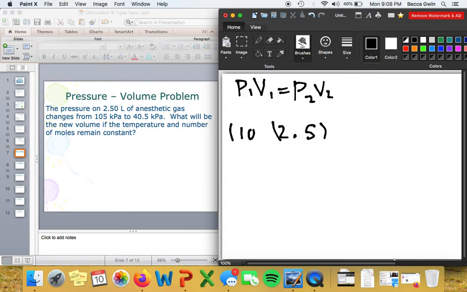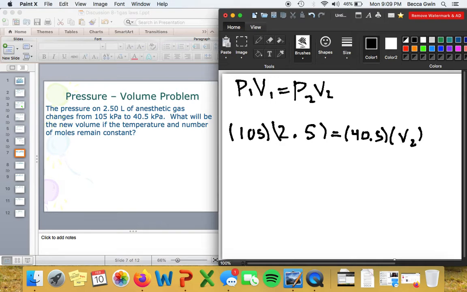We start at an initial pressure of 105 kilopascals, and we are going to decrease that pressure to about 40 kilopascals. If you decrease your pressure, you have an idea that your volume is going to increase, just by how much is what this math is going to tell us.